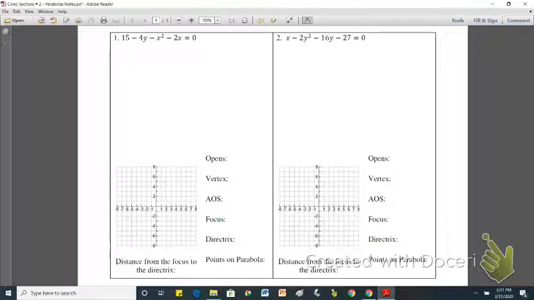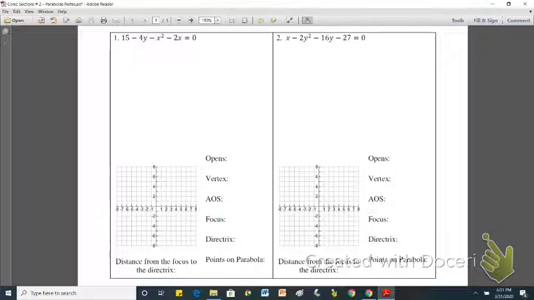If I look at example 1, the first thing I'm going to do is figure out which one is squared. Since my x is squared and there's only a y, that means I'm going to have a y equals parabola. So to do that, we're going to leave the constant and the y on one side, and we're going to move the x's and group them together on the other.